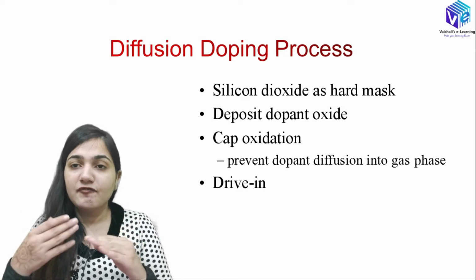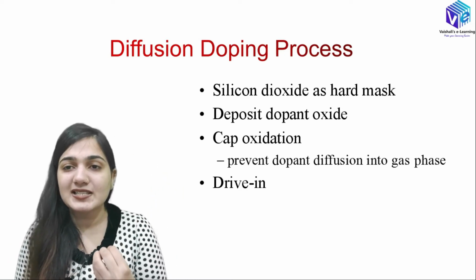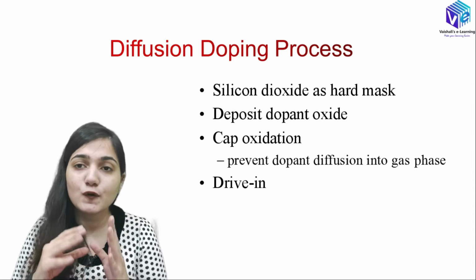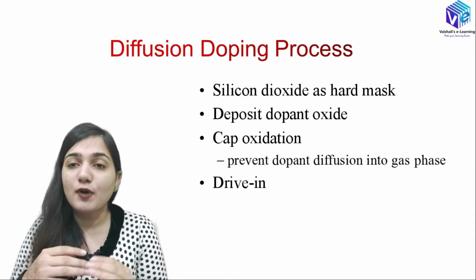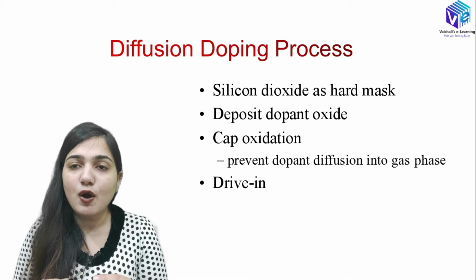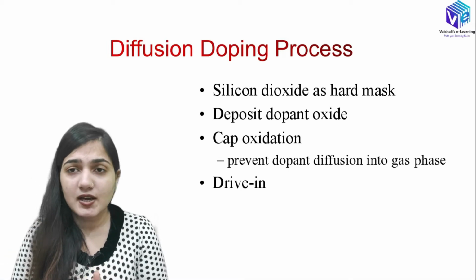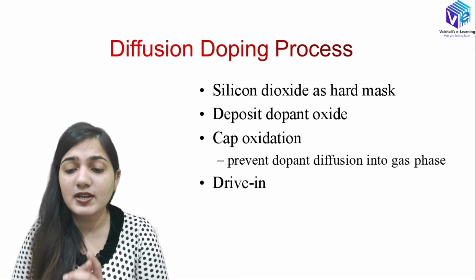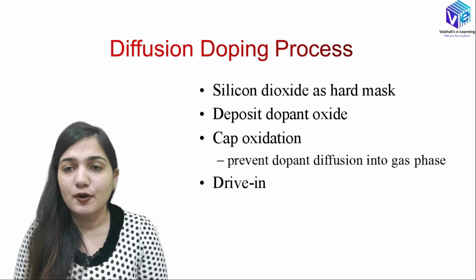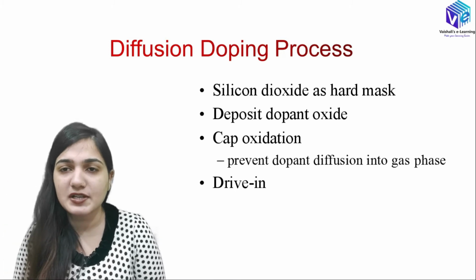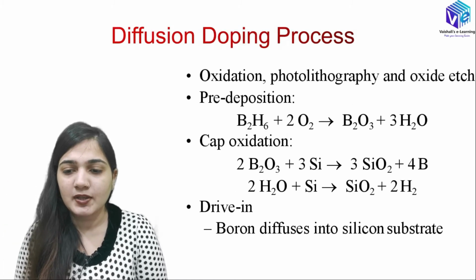If the dopant is coming inside the silicon substrate, it can go back into the environment as well. To avoid the removal of the dopant atoms into the gas outside the silicon substrate, I am using a cap oxidation layer. After that I will do the drive-in process, in which the dopants move inside the silicon substrate.